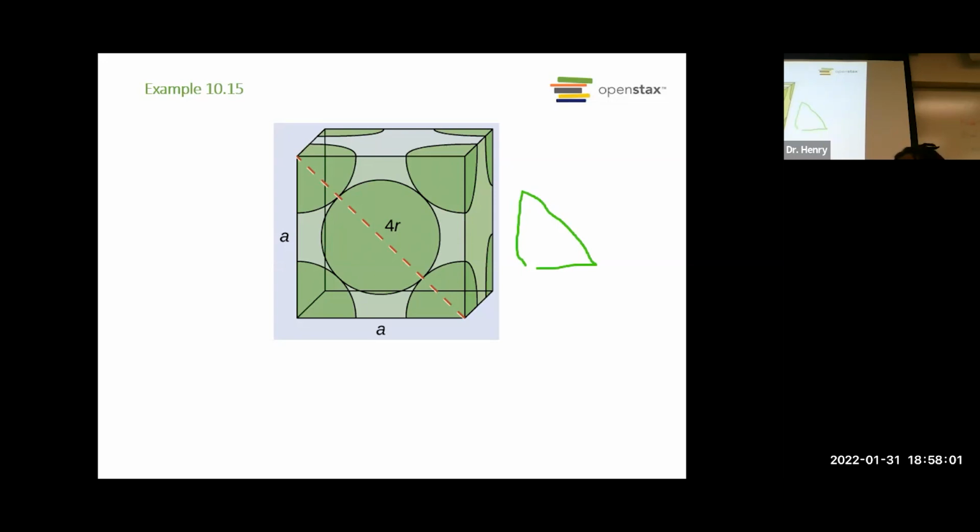Where a and b are the sides, in this case it would be 2a squared equals 4r squared. And then we'd be able to calculate what a is. All right?